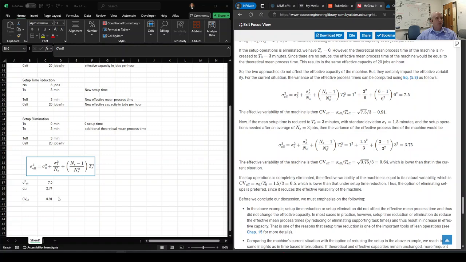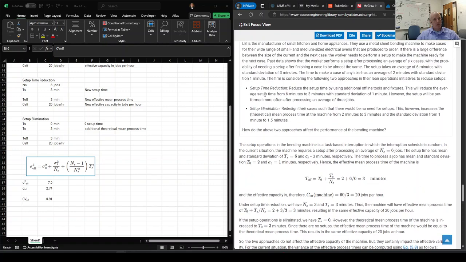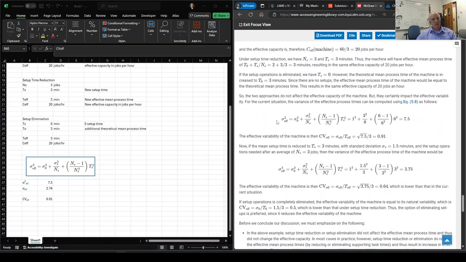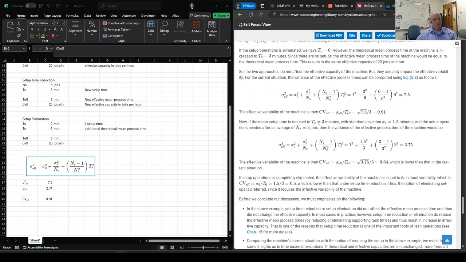Okay, so now that we've done that once, what happens if the mean setup time is reduced to 3 minutes? So again, we're going back to this first approach, setup time reduction. We're saying if that setup time is reduced to 3 minutes with standard deviation of 1.5 minutes, and the setup operations needed after an average of 3 jobs, what is the variance of the effective process time?